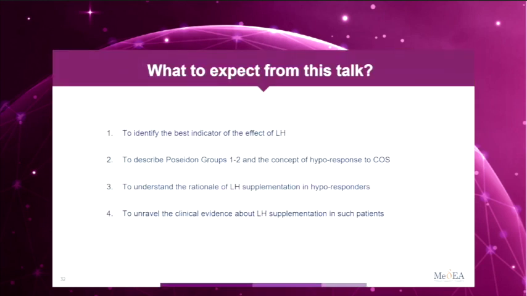So I take the last minute to tell you that there is evidence, in my opinion, in the general literature, that if you have hyporesponse, group 1 of Poseidon, having some LH activity, you can improve the recruitment, you can improve the quality.